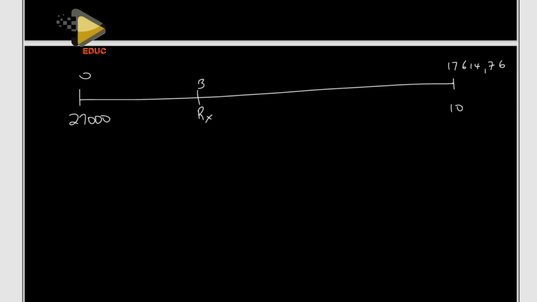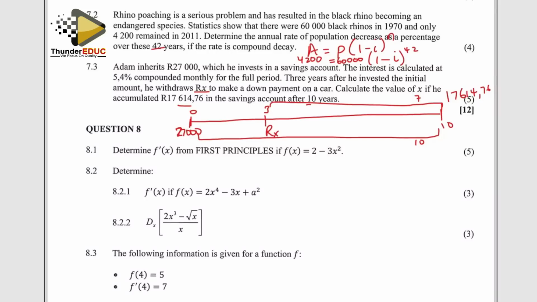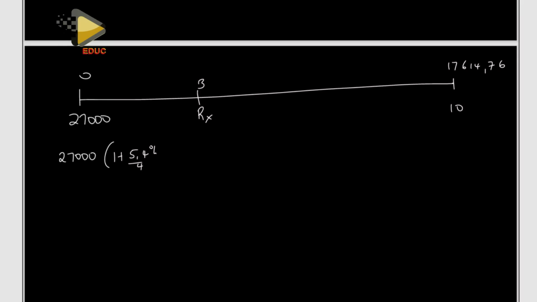So I can look at the 27,000 for the first 3 years and then the next, but I would prefer to work it out at the same time. So we said we're using 5.4%, we're compounding it monthly.